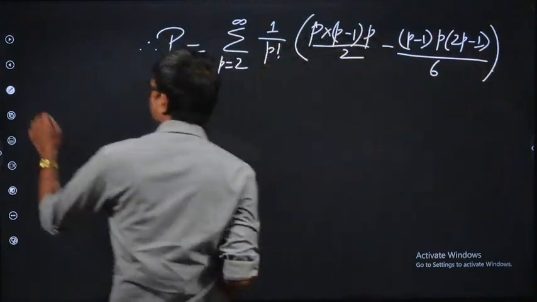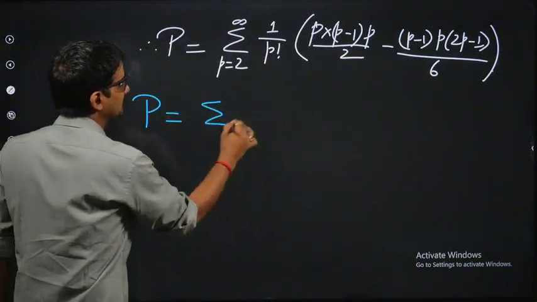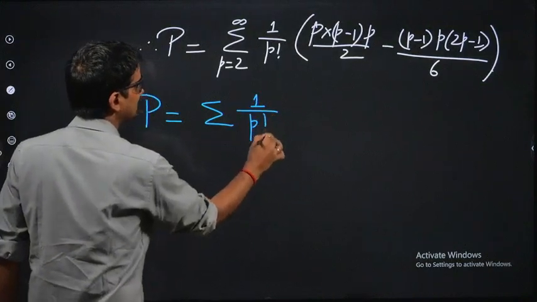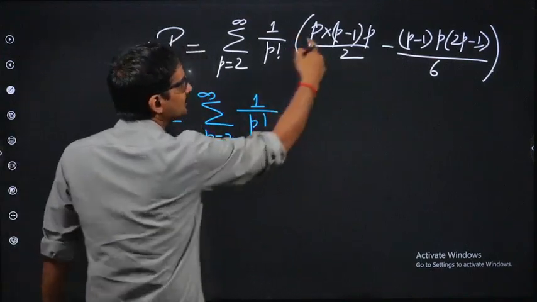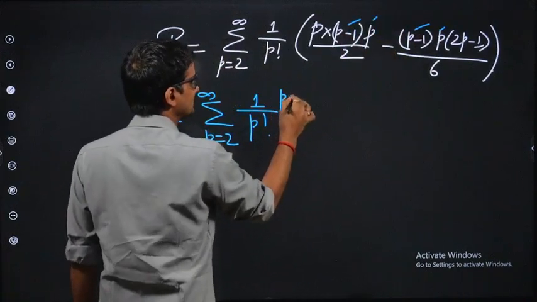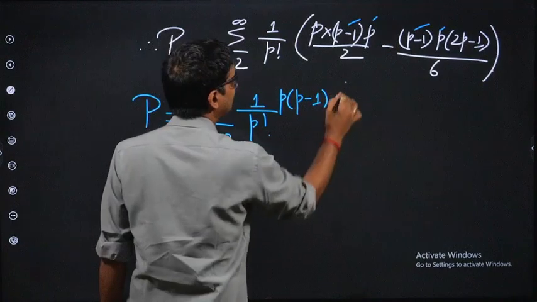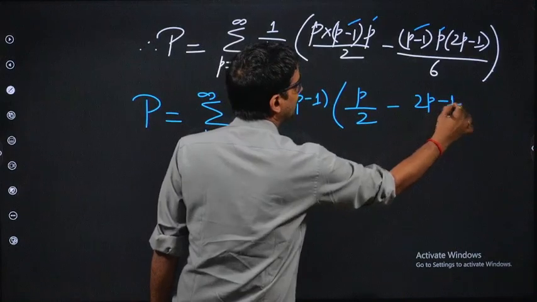Now we just have to simplify, and we get the entire series in terms of p only. First let us simplify. We can take p into (p minus 1) common, so we are left with p by 2 minus (2p minus 1) by 6.